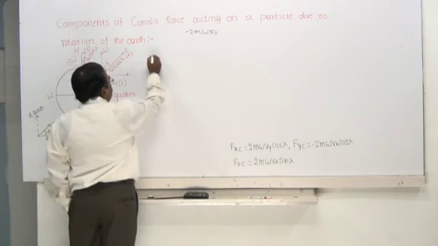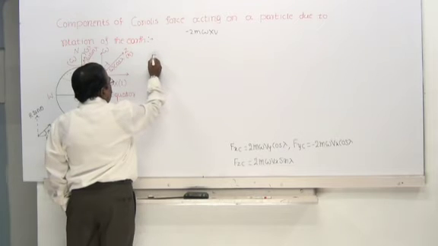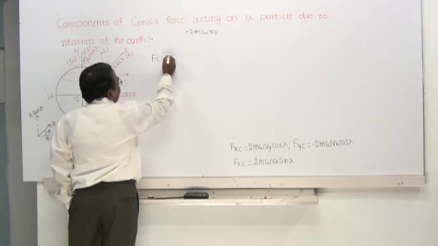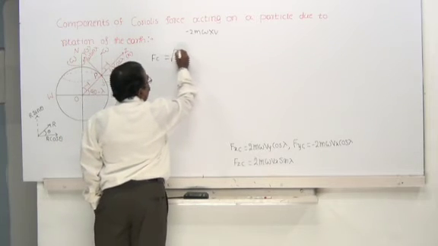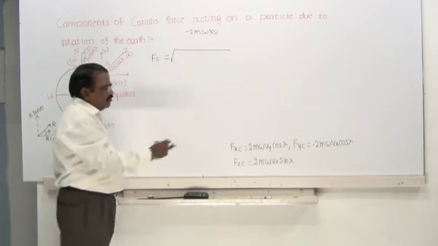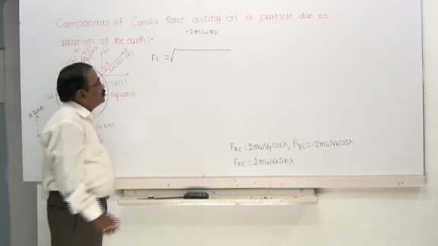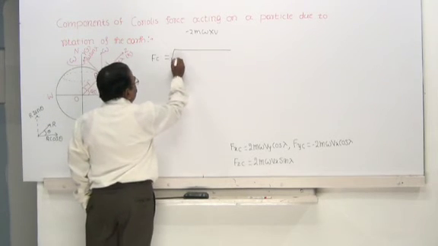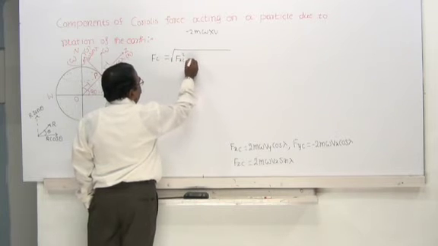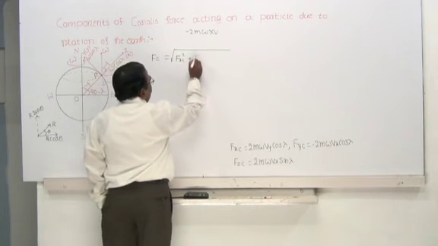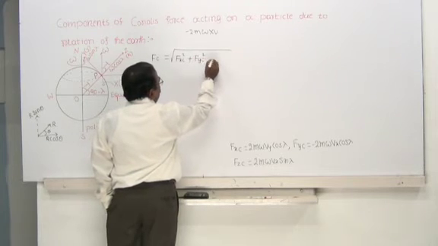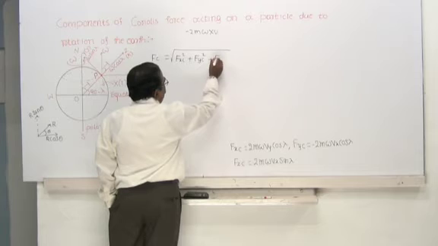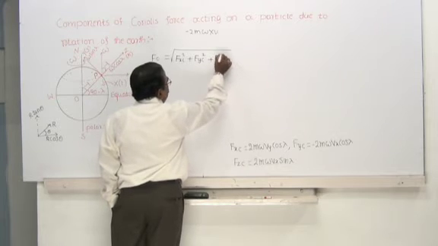So the magnitude of this Coriolis force is given by the square root of the squares of these three components: F_xc squared plus F_yc squared plus F_zc squared.